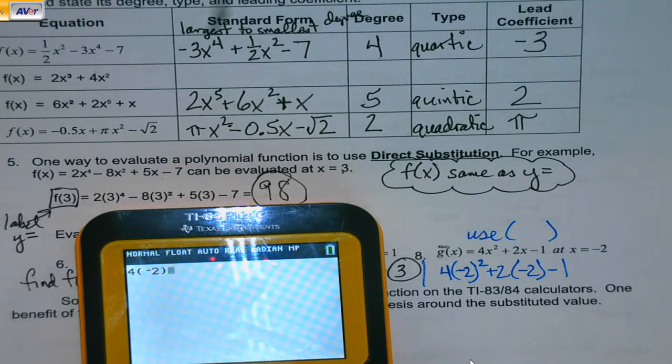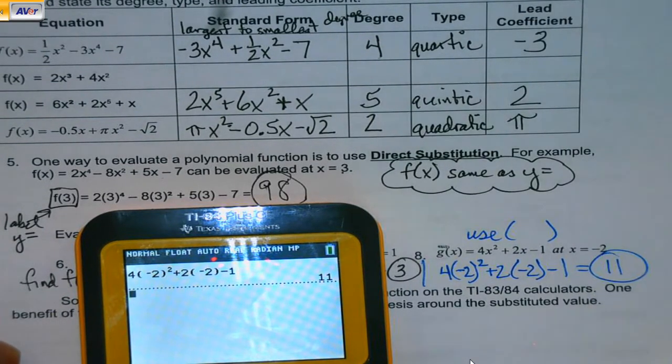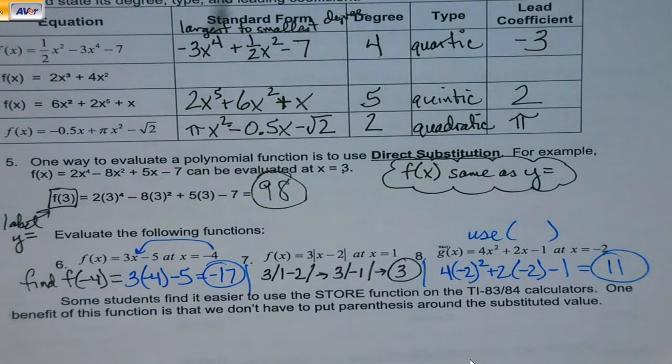Because if I don't, I'm not going to get the right answer. Because the calculators are pretty smart when it comes to this stuff. So again, I just plug that in, I type it, and I work it.